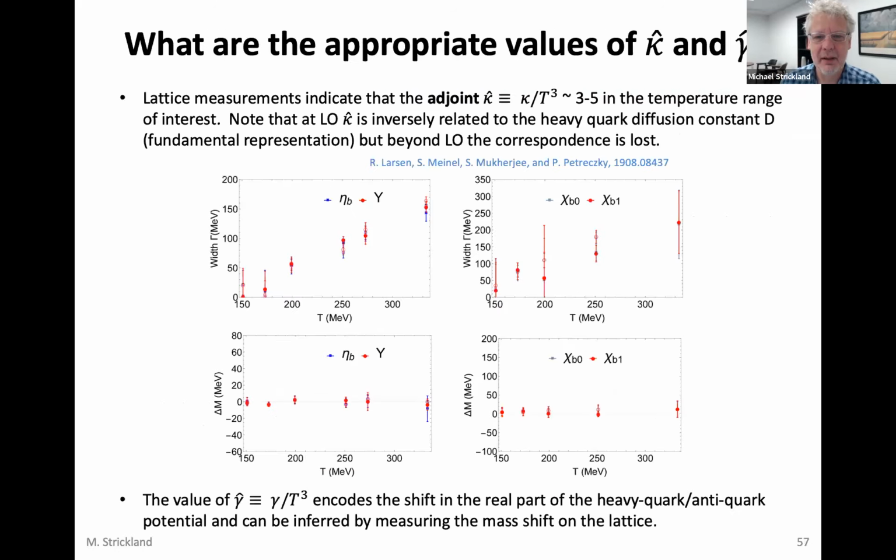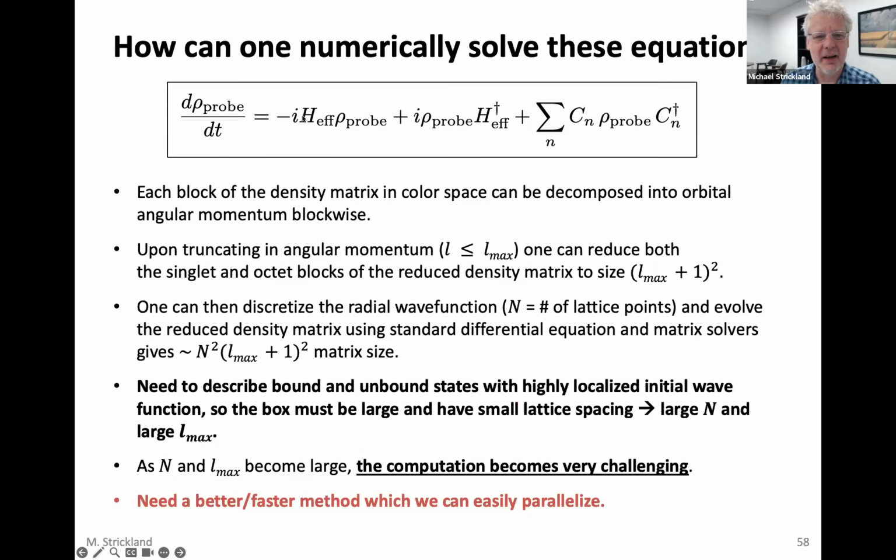And this becomes very, very hard to solve numerically if you think of it in this naive matrix way. So that's what I wrote here. You can decompose it into color space, which is what we did first. Then we decompose it into angular momentum blockwise. You truncate that, then you have to discretize the wave function.